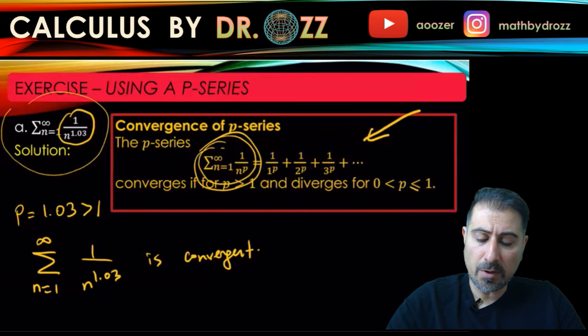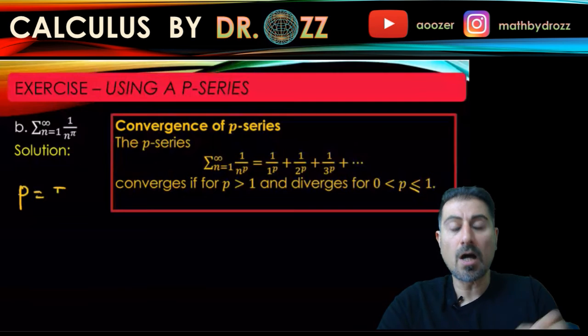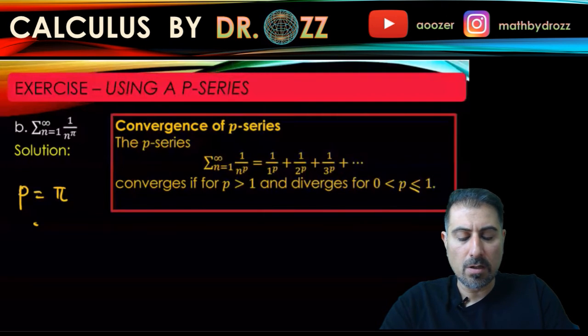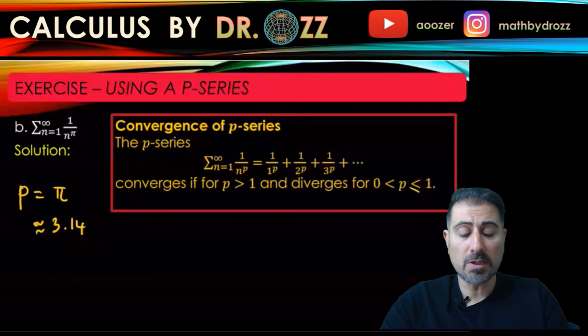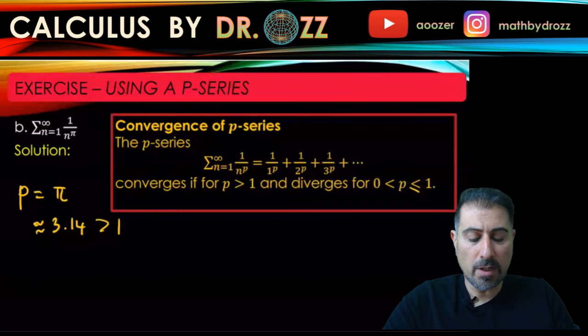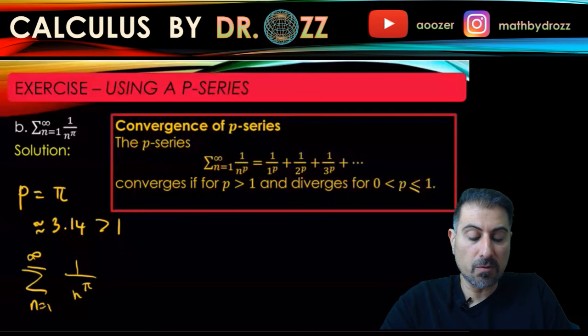The deal is the same in part B, where we still have a p-series for p equals pi, and pi is a number approximately equal to 3.14, which is strictly greater than 1, and we can conclude the same for this infinite series: convergence.